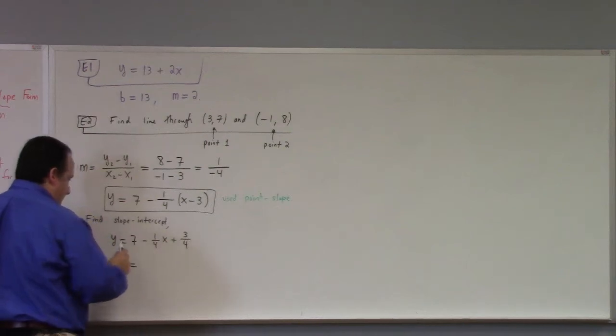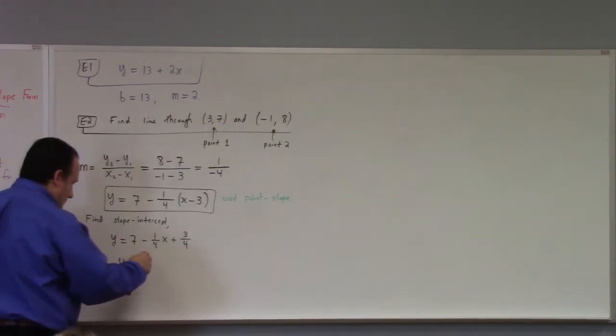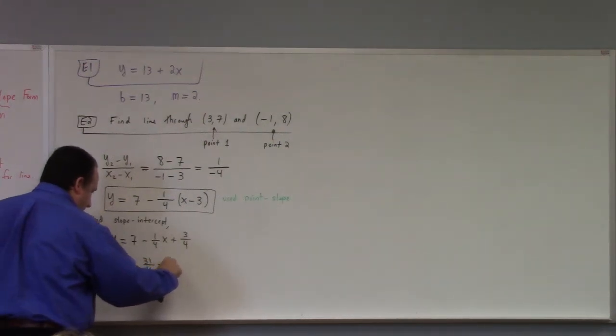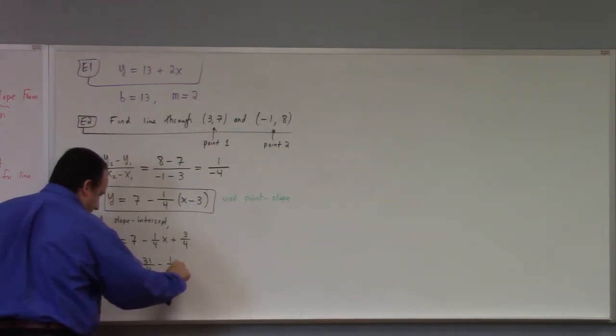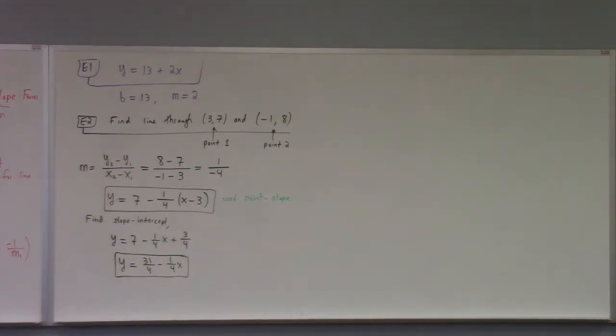So y is equal to, what's 7 plus 3/4? I think it's 31 over 4, right? Yeah, 31 over 4 minus 1/4 times x. So there you go. That is the so-called slope-intercept, right?